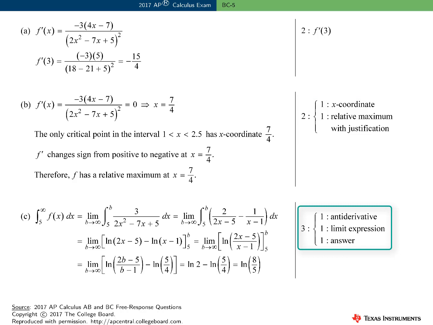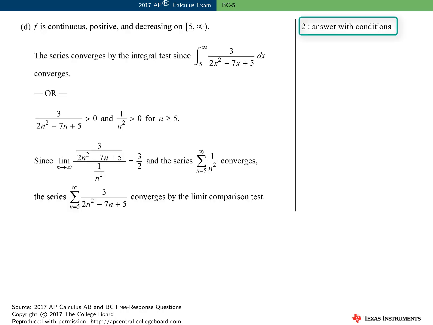Part C was worth 3 points: 1 point for finding an antiderivative, 1 point for using a limit expression appropriately, and 1 point for finding the final answer. Part D was worth 2 points for determining the correct conclusion that the series converges, and for stating the conditions necessary to apply an appropriate test for convergence or divergence.